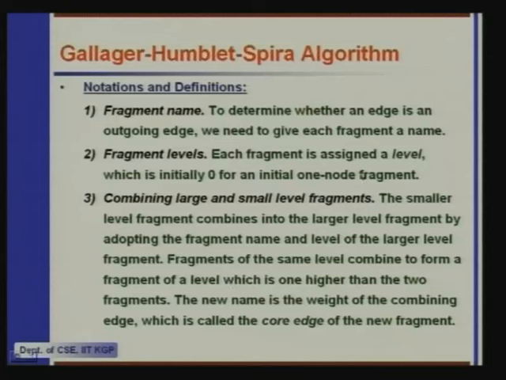Each fragment is assigned a level which is initially 0 for an initial one-node fragment. So, think of it like this: initially I have n fragments, each having one node. When two fragments of the same level join, they will create a fragment of the next higher level.